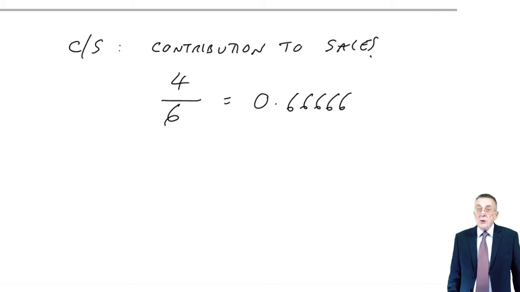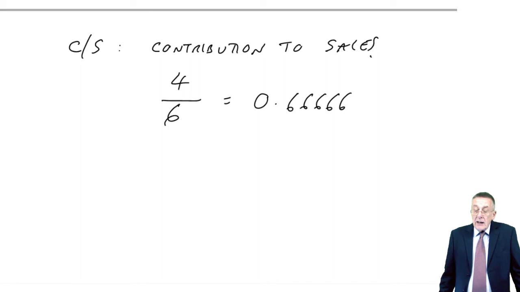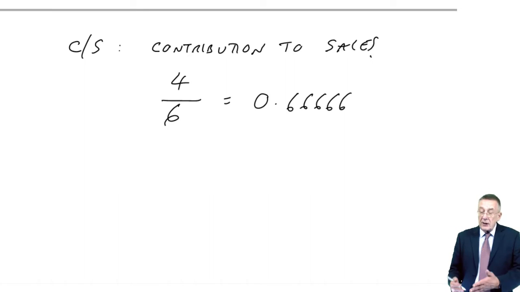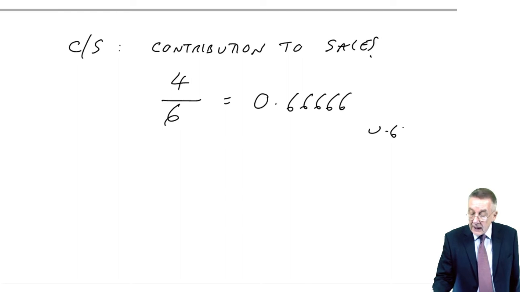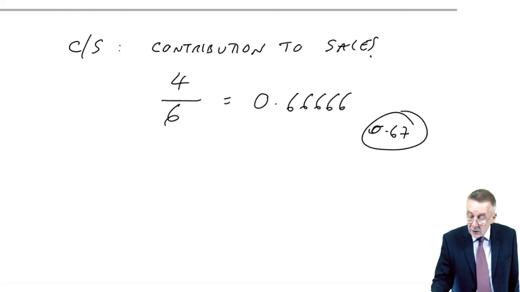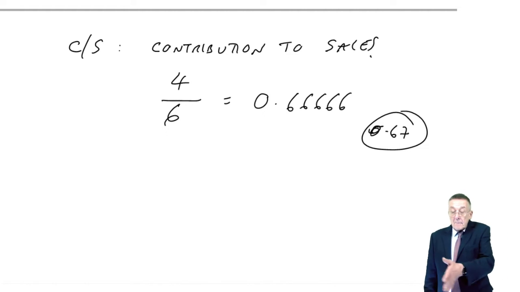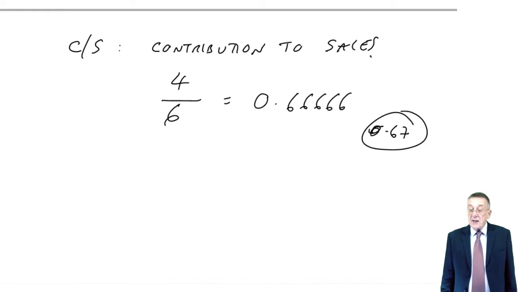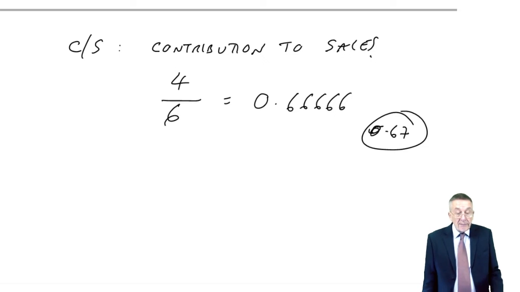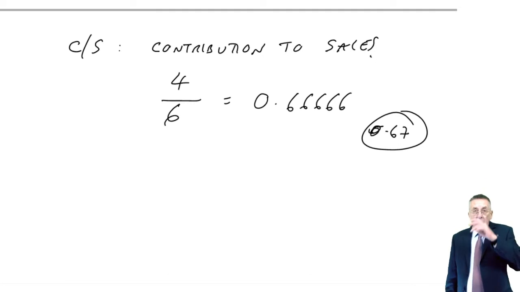In the exam, though, if you were asked to work out the CS ratio, do it to 2 places normally. And if it was in the exam, I put 0.67. But as I say, because of something else I want to show you in a moment, appreciate it is actually 0.666666. And what does that mean?